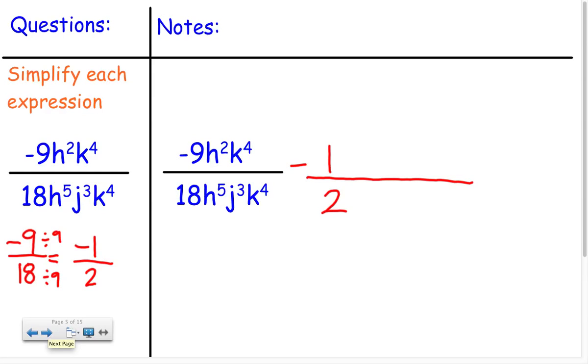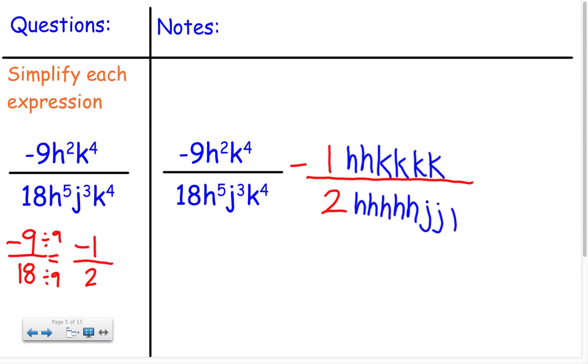Anything works. 2 h's, 4 k's, and 5 h's, 3 j's, and 4 k's. So then if I cancel, h, h, k, k, k, k.